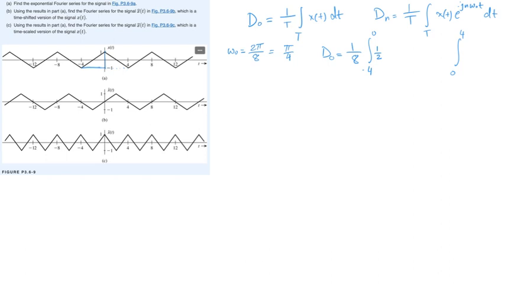So at t equals 0, what's going to be the y-intercept? So in that case, the half t plus 1. Everyone agrees that this is the equation of the line?